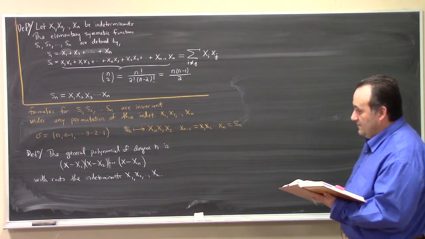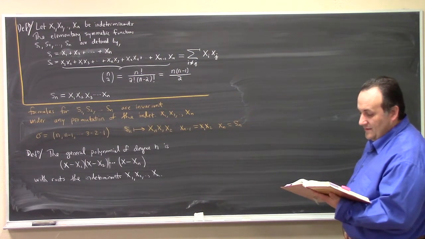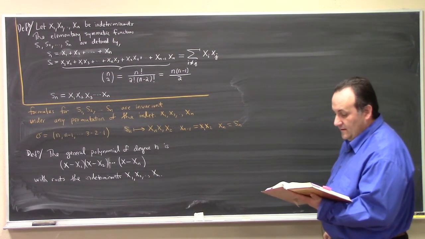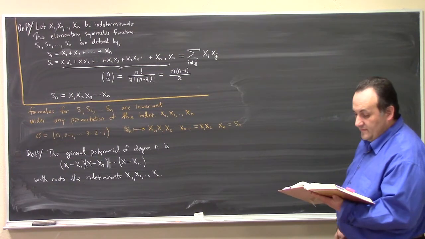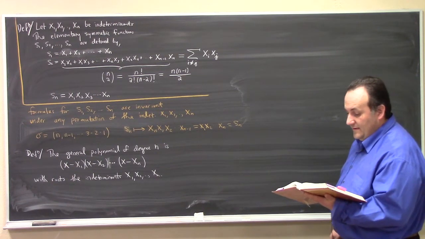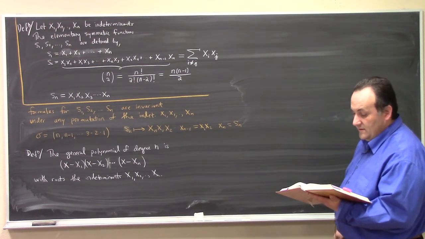Now here is an interesting claim. It's easy to see by induction that the coefficients of the general polynomial of degree n are given by the elementary symmetric functions of the roots.